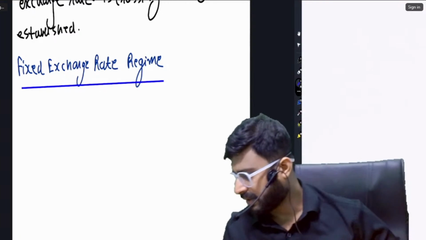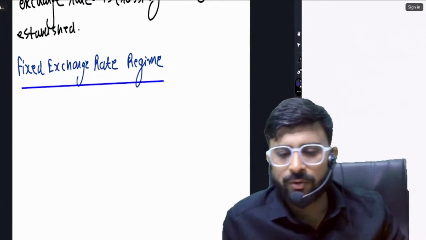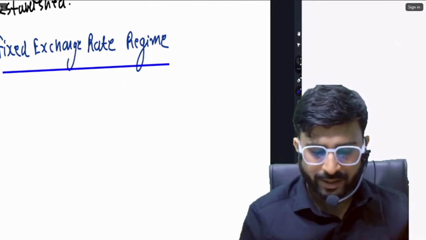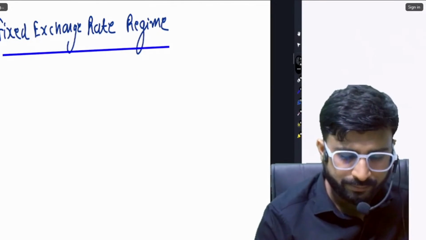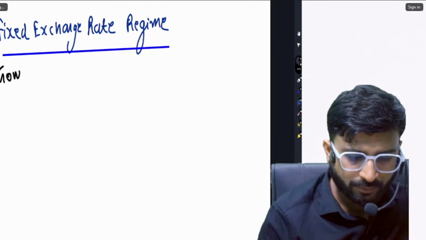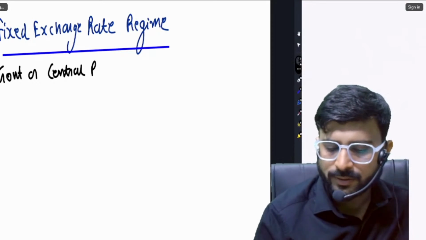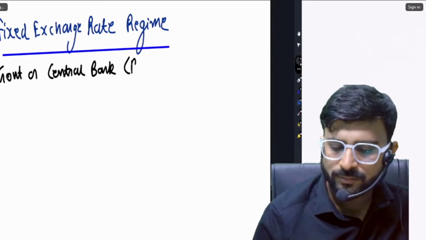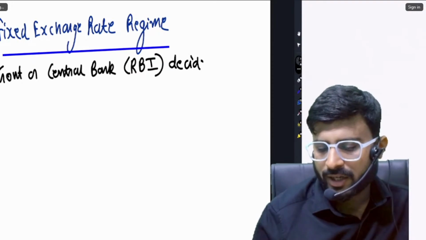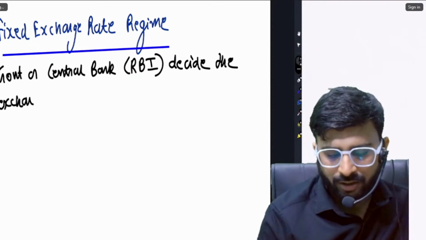Okay, correct. Government and RBI decide. All of you have written very well and understood it correctly. The government or the central bank, that is RBI in our case, of course, decides the exchange rate.